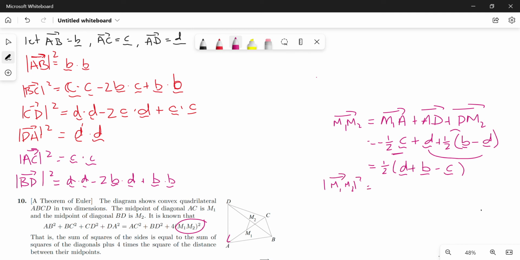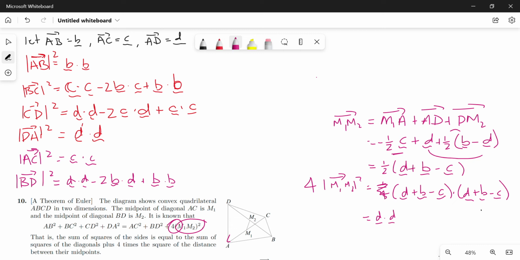So that's going to be a half times a half is a quarter, and then we've got d plus b minus c dotted with d, b minus c. All right, and we might actually just go for 4 of that, since there is 4 of that, and that gets rid of the quarter. So 4 of that gives us the d dot d, which is nice.